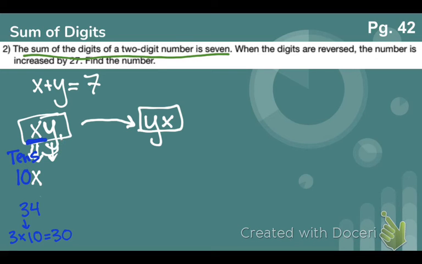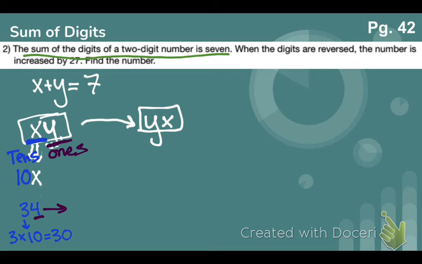What about the y? Is the y just a y? Oh, the y is in the ones place. And you're right, down here, the ones place is 4.